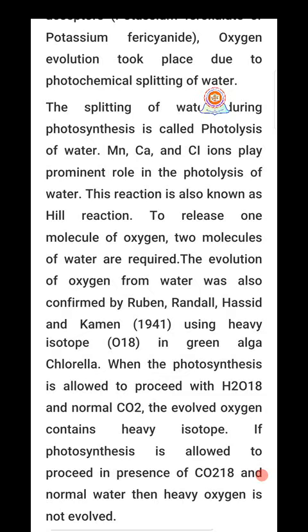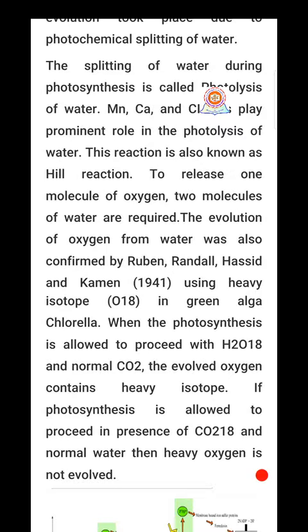When photosynthesis is allowed to proceed with labeled oxygen in water, that is H2 O18, and normal carbon dioxide is used, the evolved oxygen contains the heavy isotope.